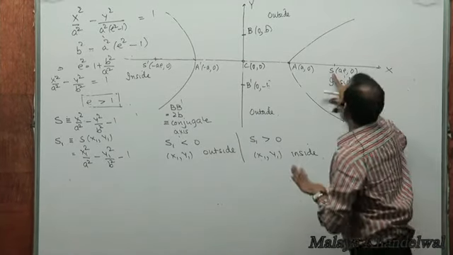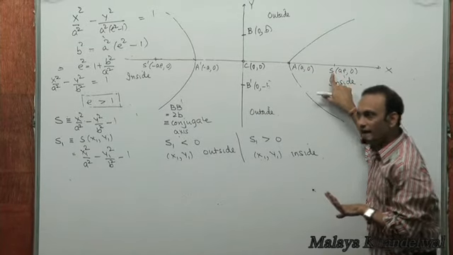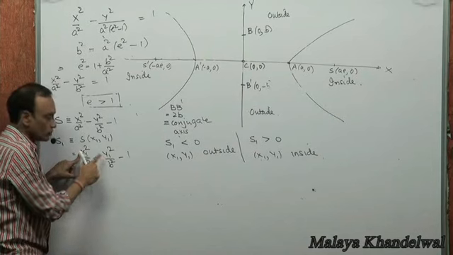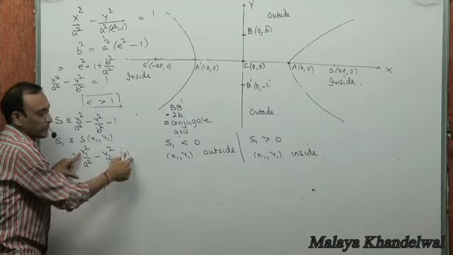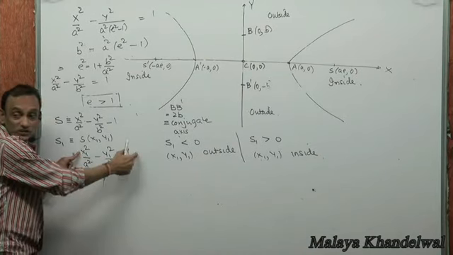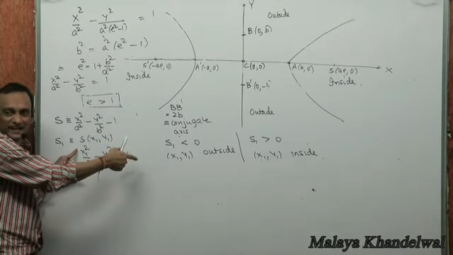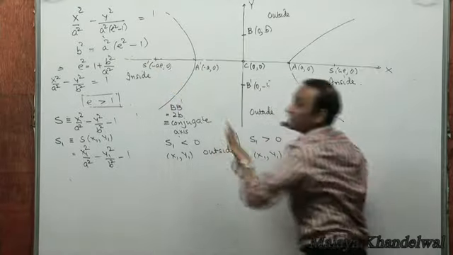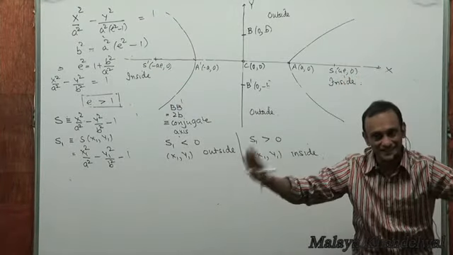For example, look at the focus. Put x equal to AE, y equal to 0. You get a squared e squared minus 1, which is greater than 0 because e squared is greater than 1. So for all points inside this region or this region, S1 will be greater than 0.